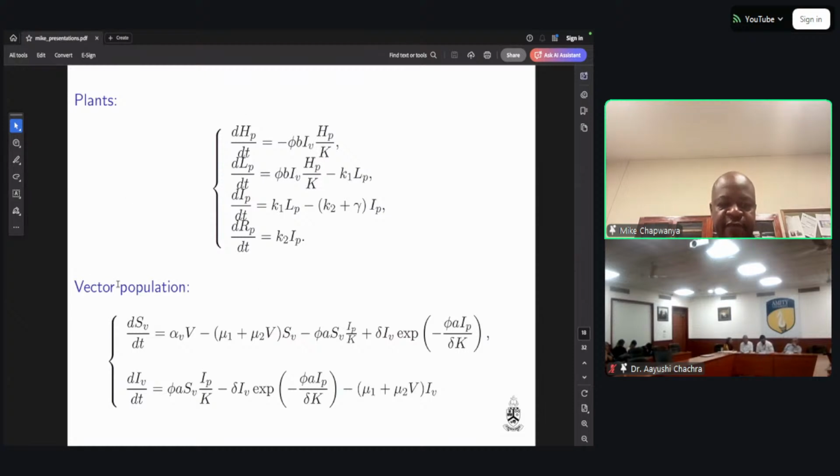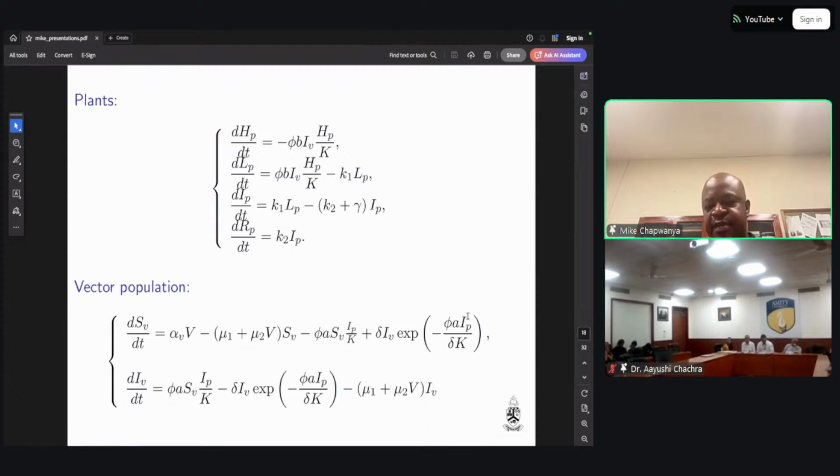Then you move on to the vector population. As I'll show you a little bit later, the total vector population, we assume it grows logistically. And it can be seen on the first equation, it's just a sort of logistic growth. And then once it's infected, it moves also to the infected class IV.